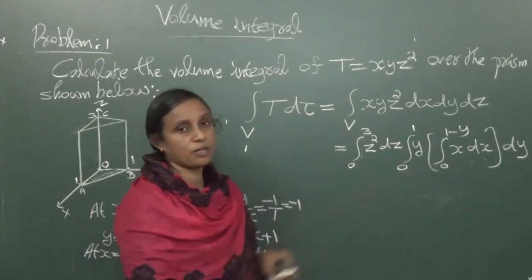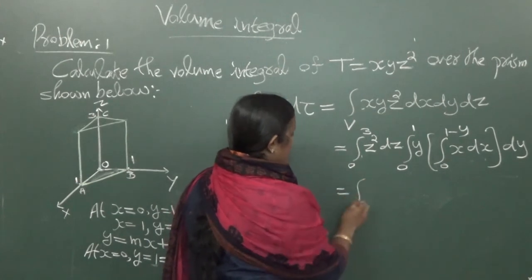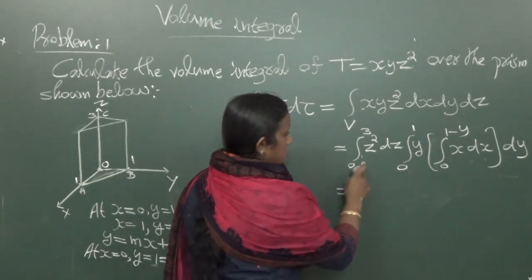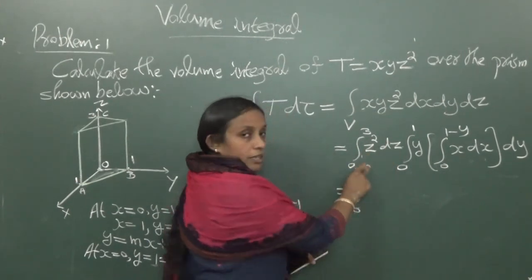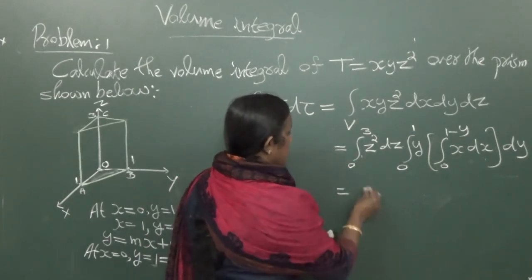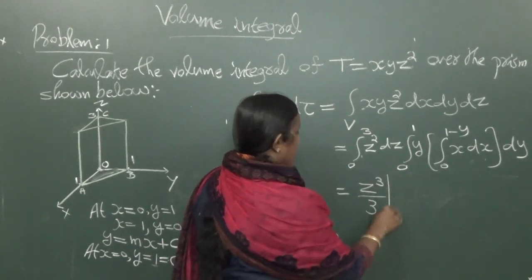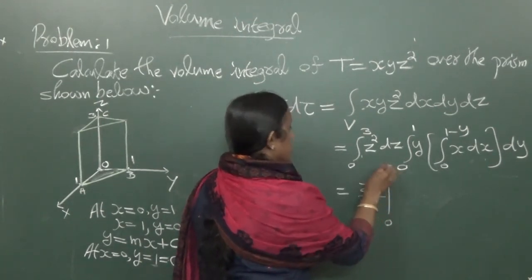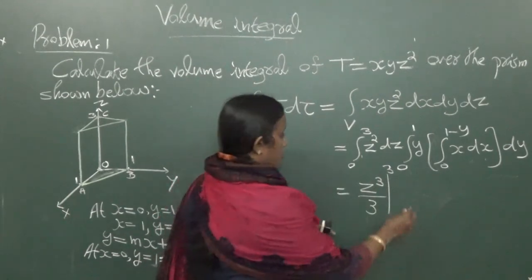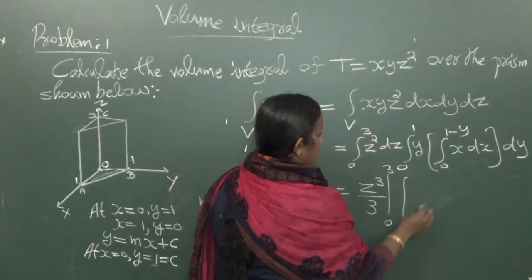Now we can simplify this. The first part is only the z integral, so you can integrate it here itself. That is, you get here z cube by 3, 0 to 3, into, then comes this part.